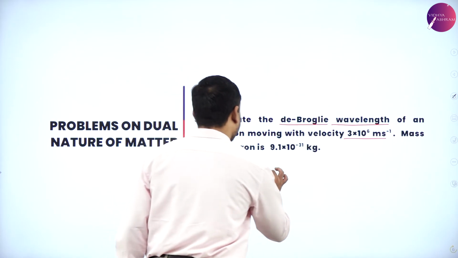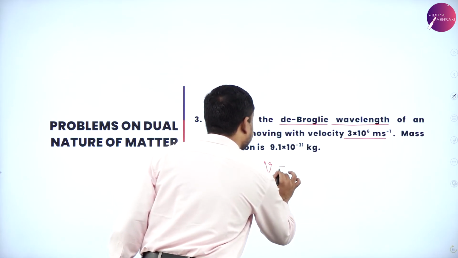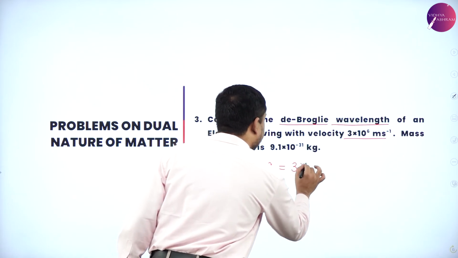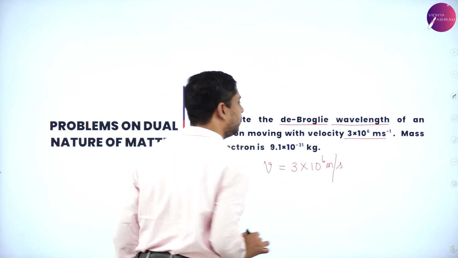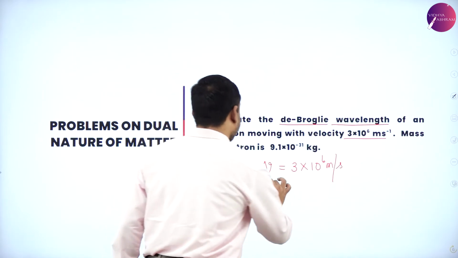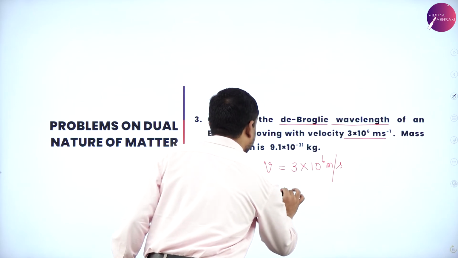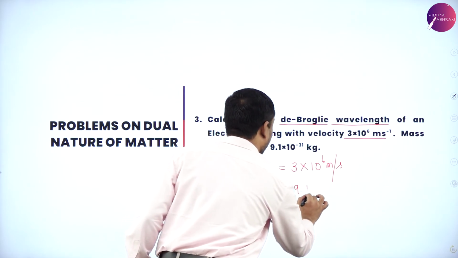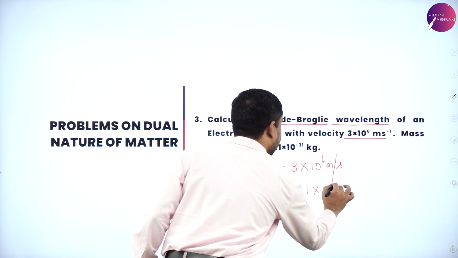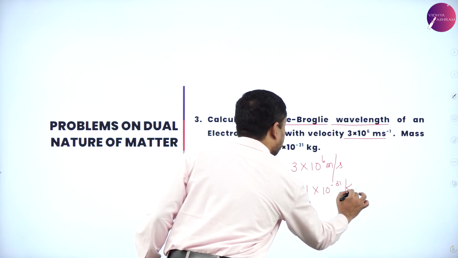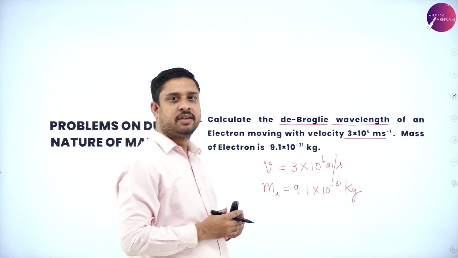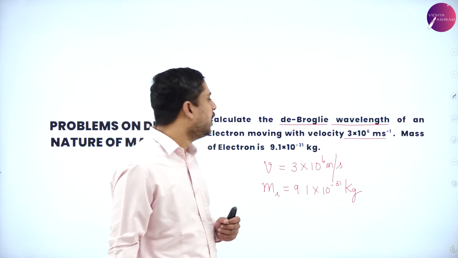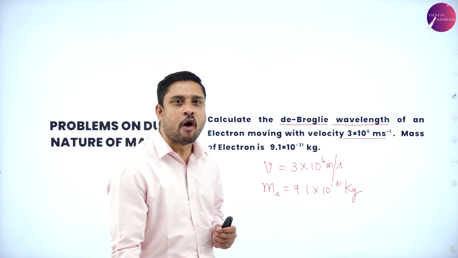So by data, velocity is 3 into 10 power 6 meter per second, and mass of the electron is 9.1 into 10 power minus 31 kg, with which I have to calculate the de Broglie wavelength.